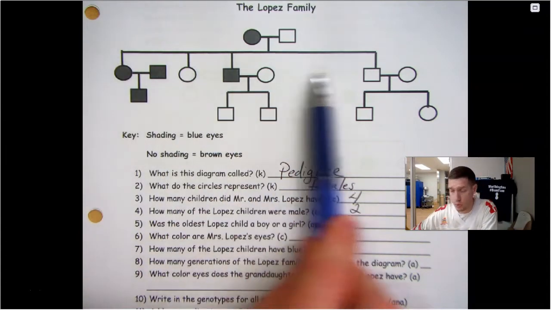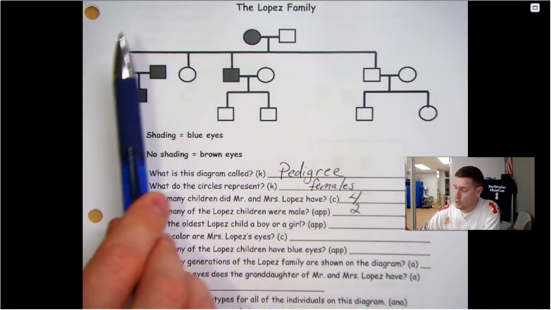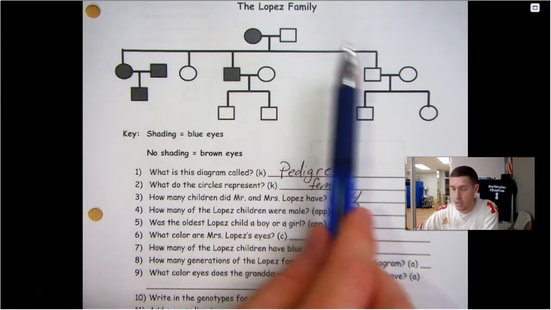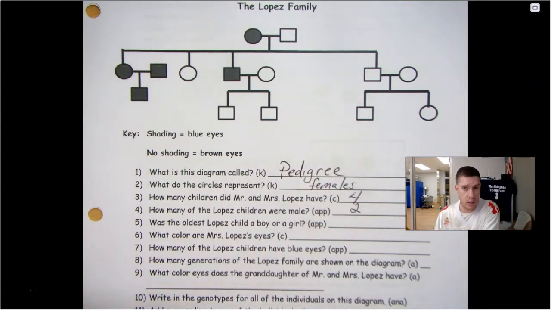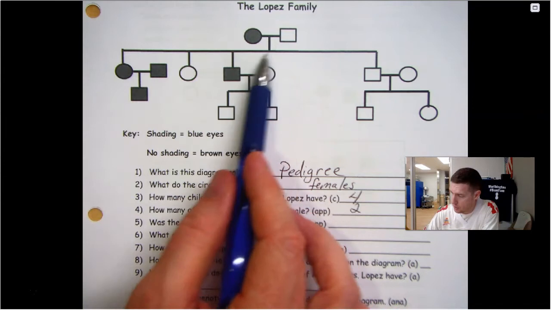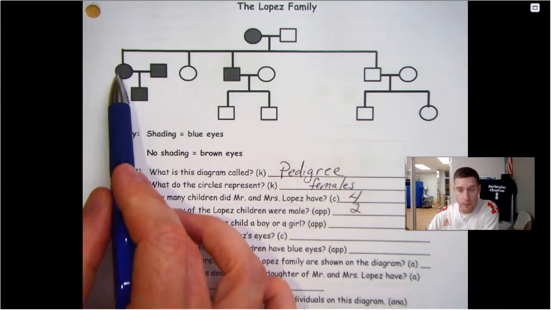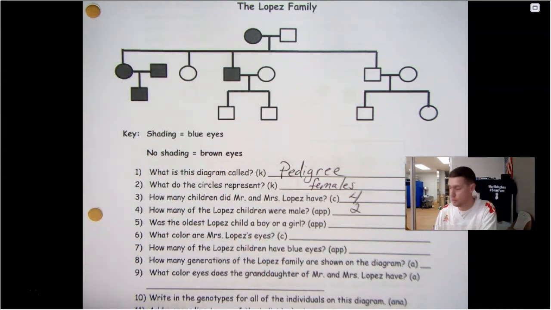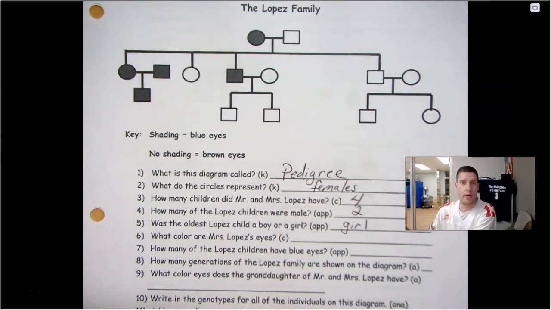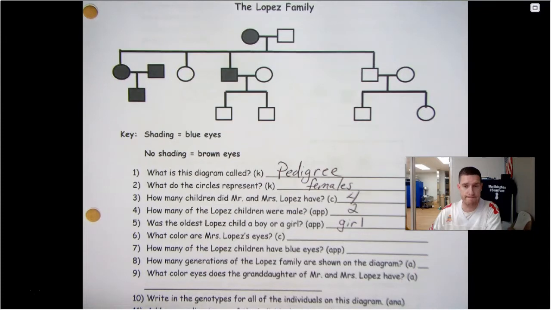So in a line of children, the one to the far left is the oldest, and you work progressively younger to the right. So in this case, was the oldest Lopez child a boy or a girl? The farthest left on the lineage line is a circle, and circles are girls. So the oldest Lopez family child is a girl.